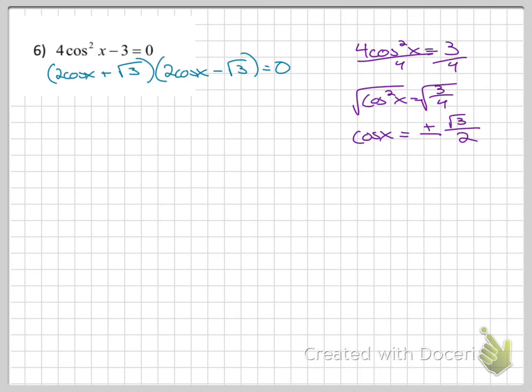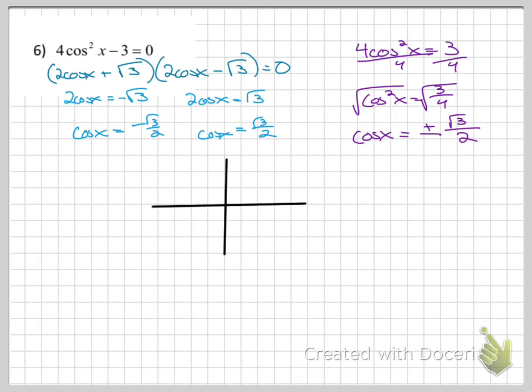And had I finished this one over here, this would be 2 cosine x equals negative root 3. I moved it over. 2 cosine x equals positive root 3. And you'd get the same thing: negative root 3 over 2 and root 3 over 2. Either way, plot them on the circle.